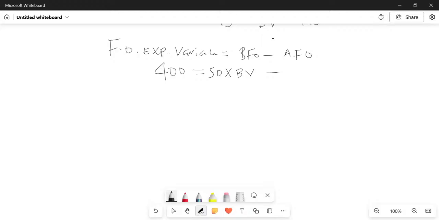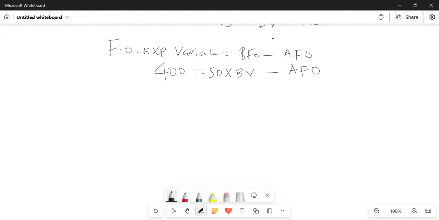You will not find actual fixed overheads either, because that is what the examiner is asking us to calculate.